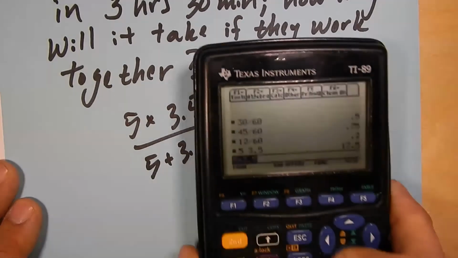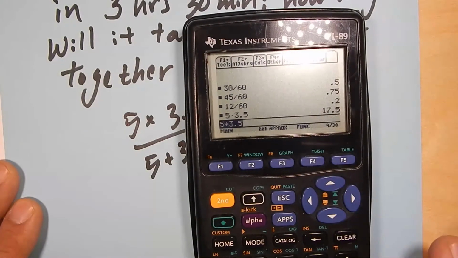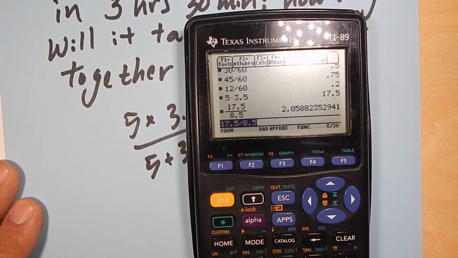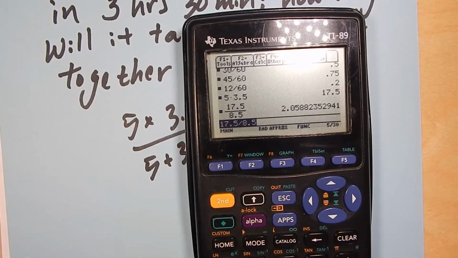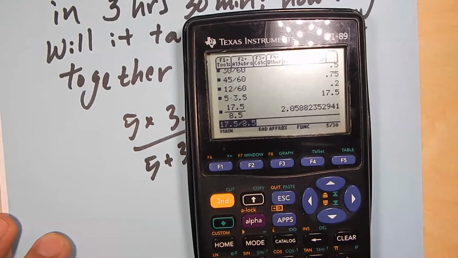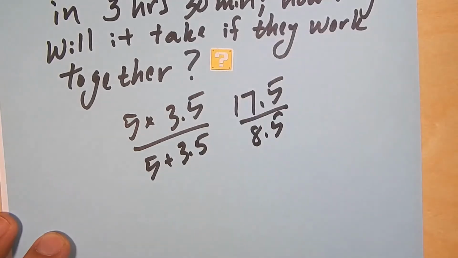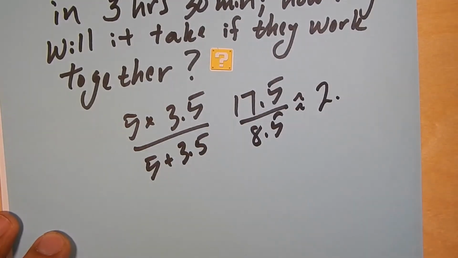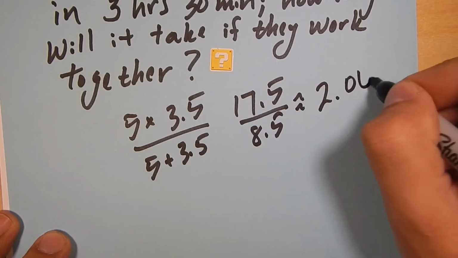So 17.5 divided by 8.5 gives us 2.0588, and so on. So we could say approximately 2.06 hours.